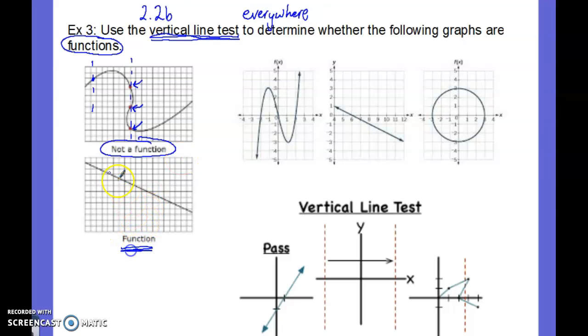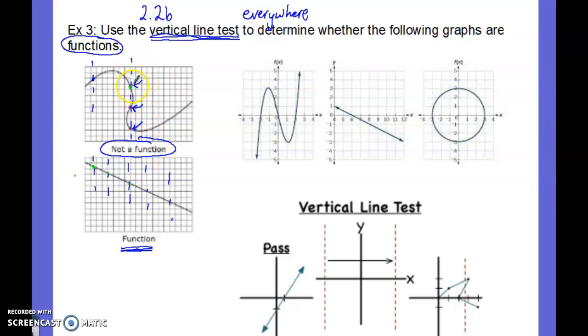So this linear function, the vertical line only crosses once. So this is a function. If you're still confused, you could actually write out, okay, well, what's this x value? We only write that x value once.